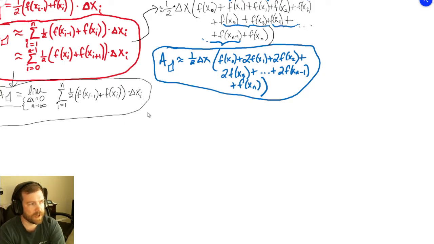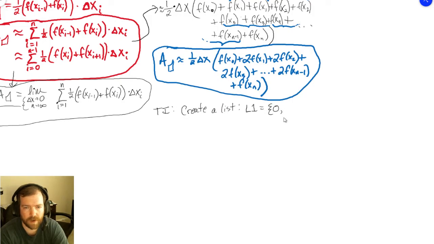So in your calculator, those of you who have TIs, everybody else, I'm sorry. In your TI calculator, you can create a list. So like L1 is going to be equal to, and then you do this as like 0, 0.1, 0.2, 0.3, etc., all the way out to 0.9, 1.